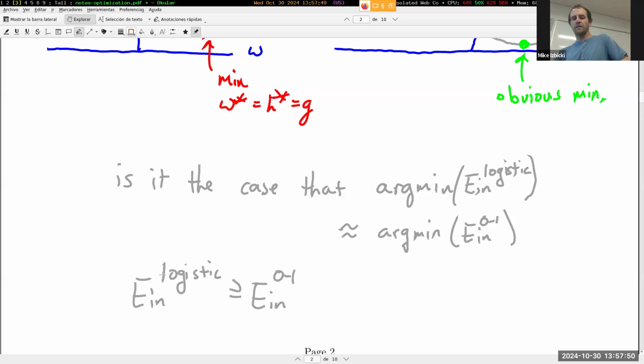And so by minimizing this logistic loss, we are guaranteeing that the 0,1 loss will be at least smaller than that. So there's no guarantee on the W, no guarantee that the parameters will be close to each other. But once you plug those parameters into the hypothesis and evaluate that hypothesis on the in-sample test set, there is a guarantee that the results will be at least as good on the 0,1 loss as on the logistic loss.